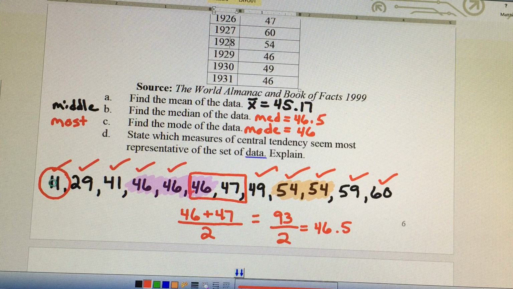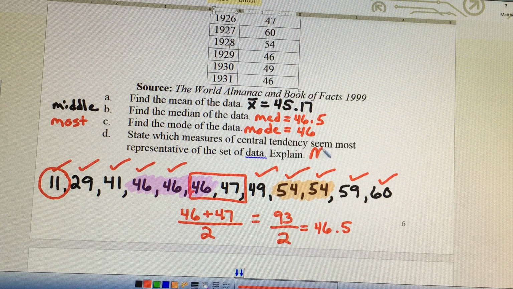And so when that 11 got worked in there, it dropped his average down quite a bit. So we're going to say that out of the 3 different measures of central tendency, the median and the mode were probably the best ones to use to describe all of Babe Ruth's home runs those 12 years.